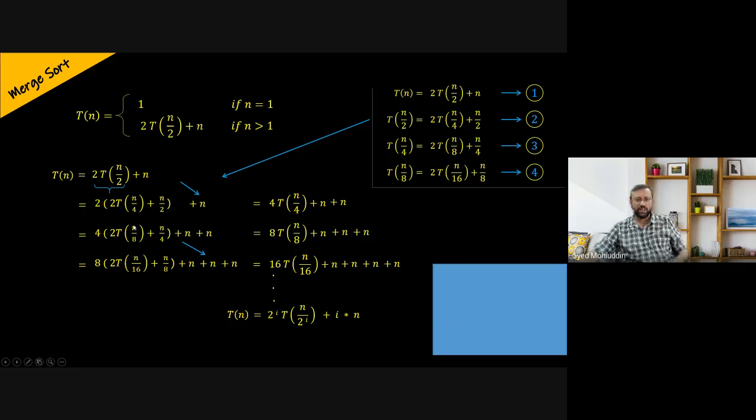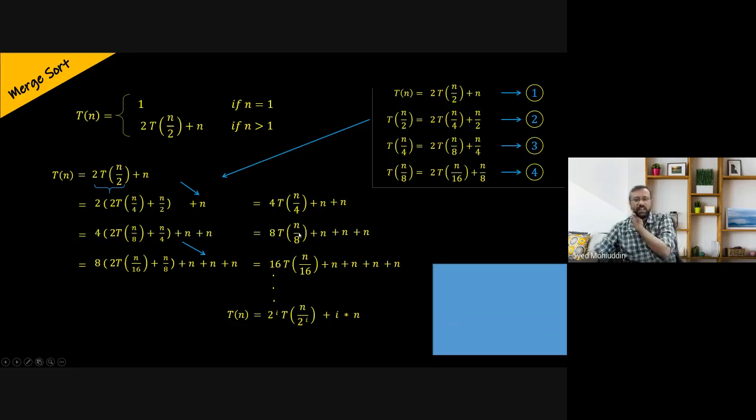Then instead of T of n by 4, we will substitute 2T of n by 8 plus n by 4. So this 4 is over here, and instead of T of n by 4, we substitute 2T of n by 8 plus n by 4. So this becomes 8T of n by 8, plus this 4 and this 4 get cancelled. So we have n itself, plus n plus n. So we have 3 n's.